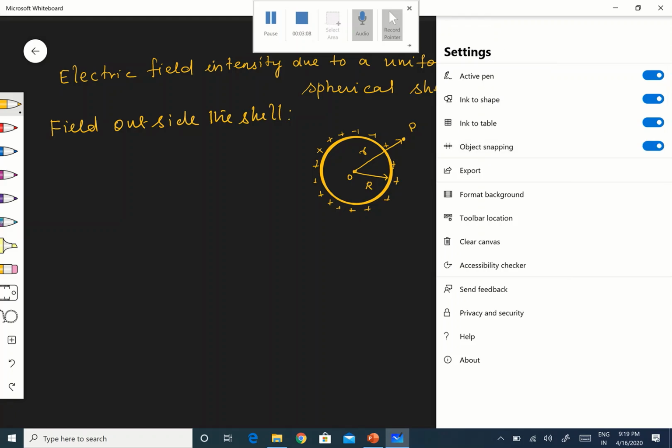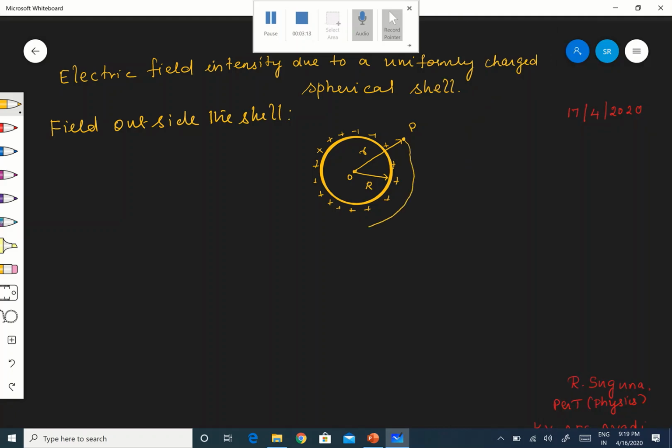Therefore, now let me have the Gaussian surface. See here, this is the Gaussian surface.